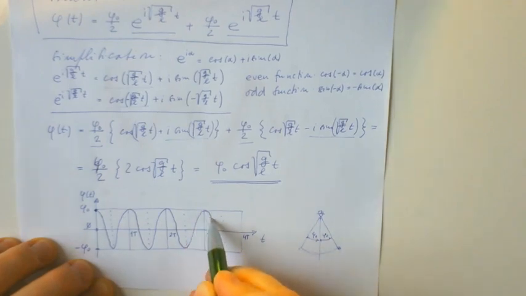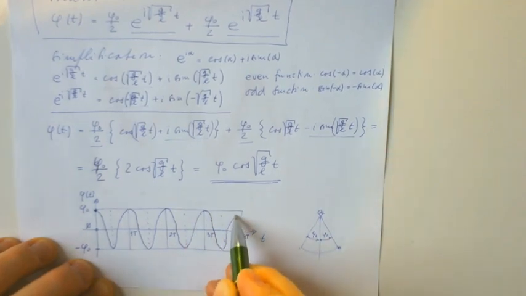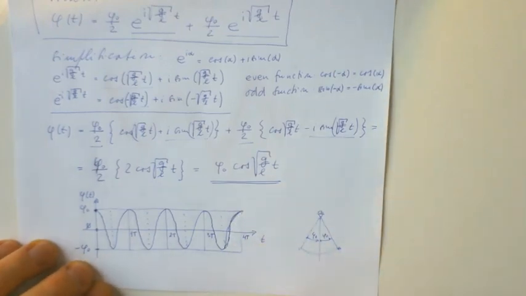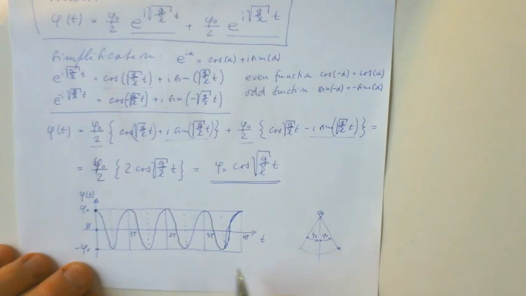So this is a cosine function. And I think now you can imagine the solution very well.